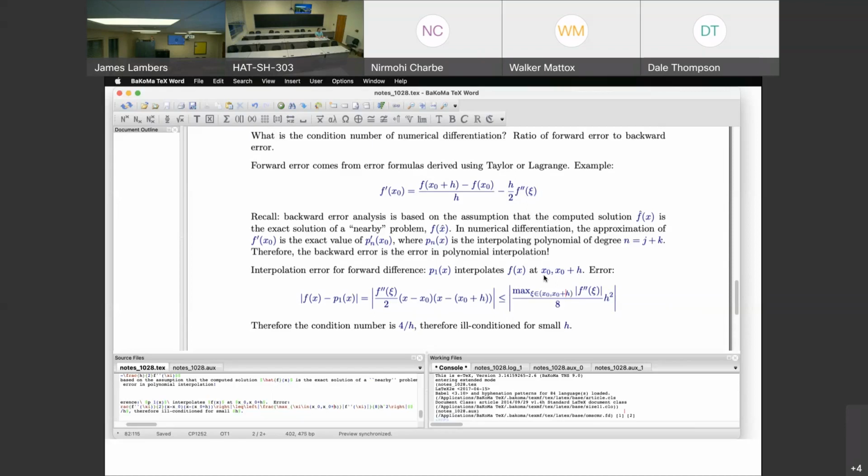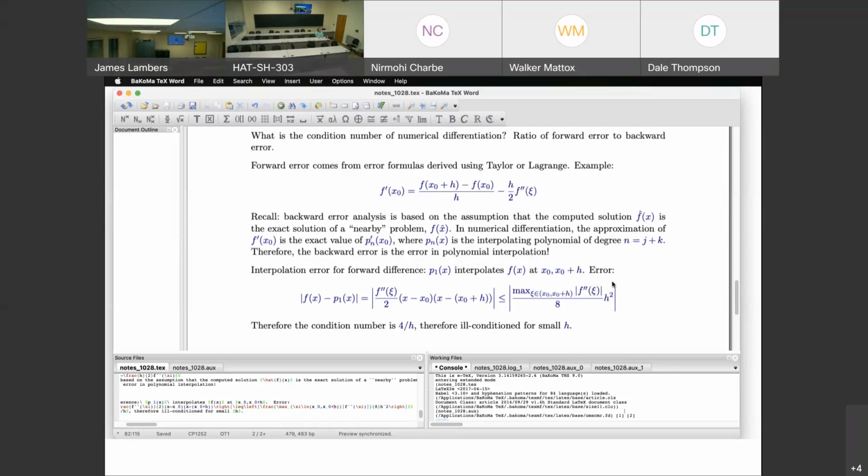So it's not unreasonable to think of these f double primes as canceling out, because on such a small interval from x0 to x0 plus h, f double prime could very well be nearly constant anyway. But the main thing is what's going on with the powers of h. Because the forward error has a lower power of h than the backward error, when you divide these, it's a bad situation.